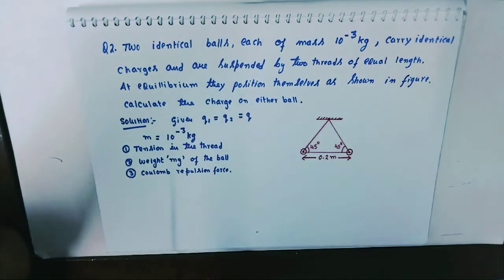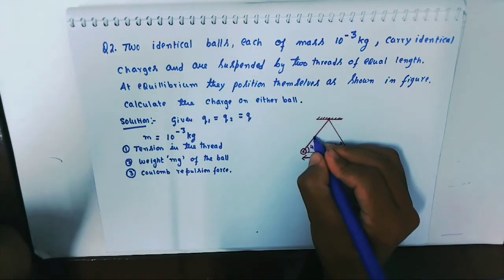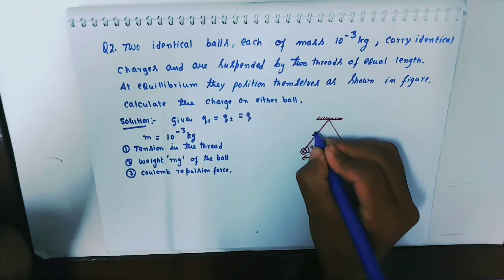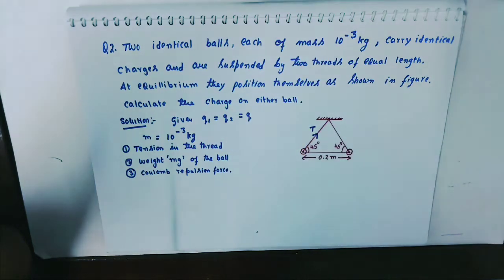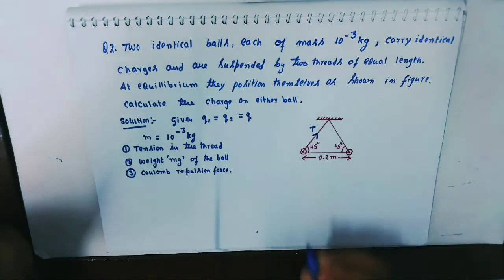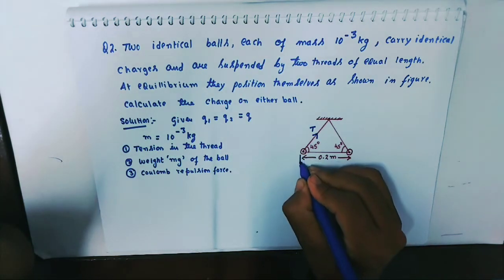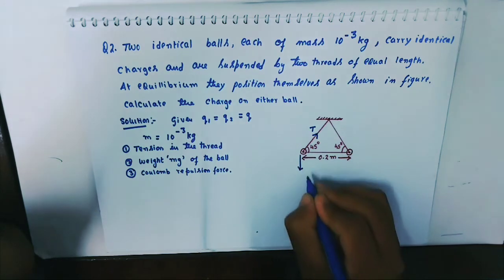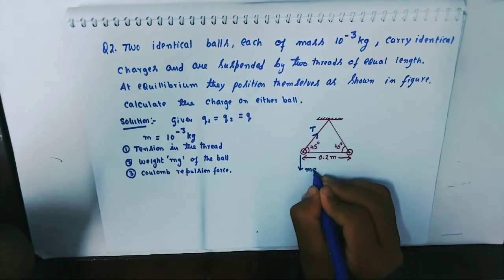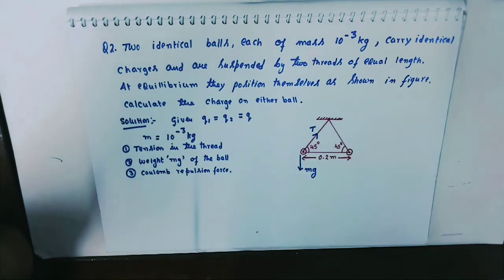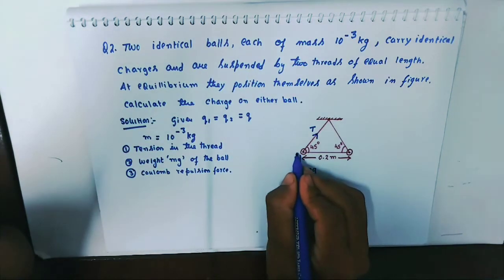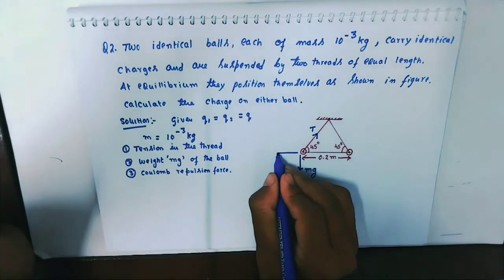So here, the tension of the thread is represented by this. The weight of the ball is always acting vertically downward, like this. The Coulomb repulsion force is in this direction.